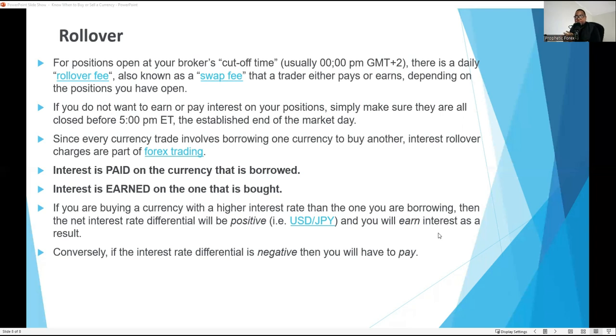Of course, since every currency trade involves borrowing one currency to buy another, interest rollover charges are part of forex trading. And when we're talking about interest rates, they're either paid on the currency that is borrowed, or earned on the currency that's bought. We're going to zero in more on that, but I just hope that you understand now what we're talking about, when to buy and when to sell currency pairs.